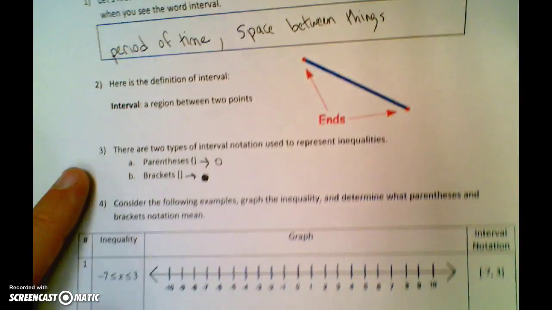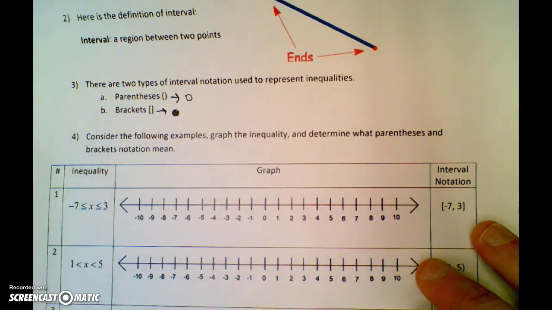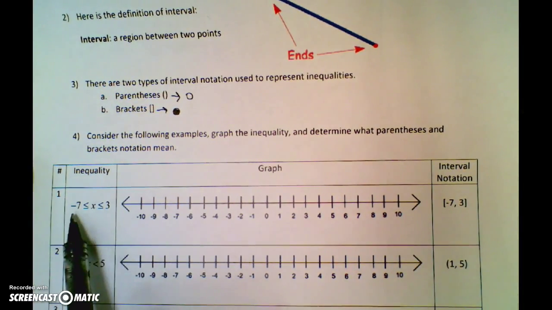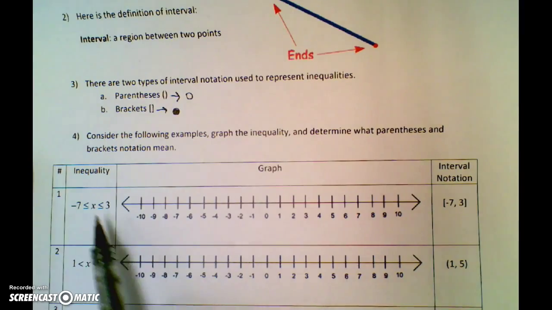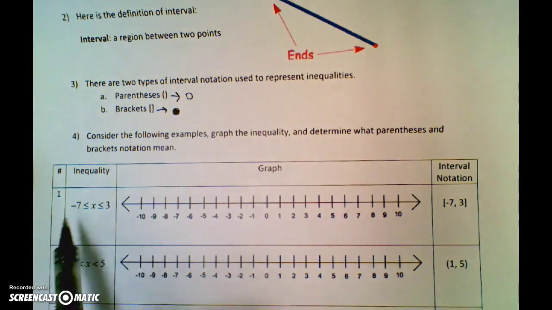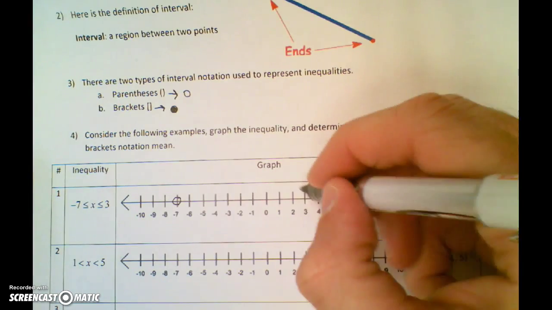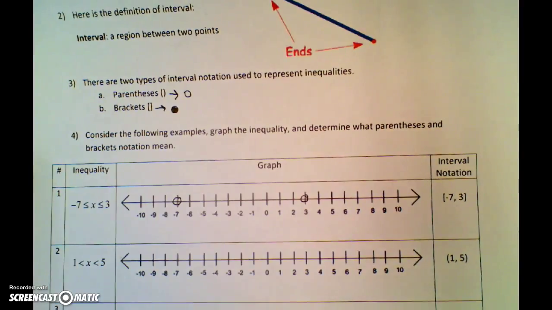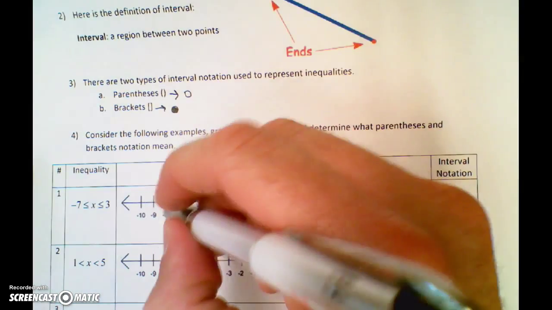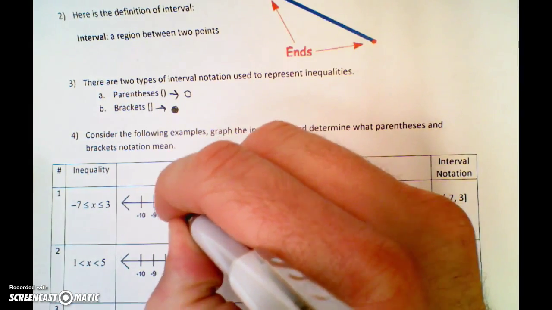So let's look at some examples and apply it to what we learned yesterday. If I asked you to graph this inequality on this number line, you would put circles on the numbers on the ends of the statement. So I'm going to put a circle at -7 and a circle at 3. Because it's the less than or equal to sign, I should fill in the circle.